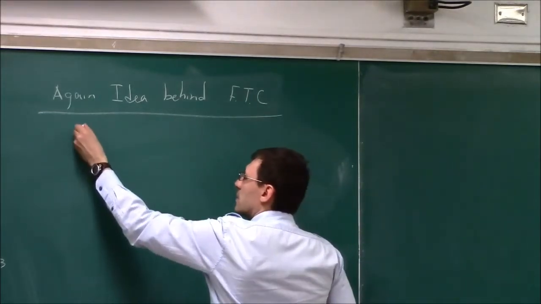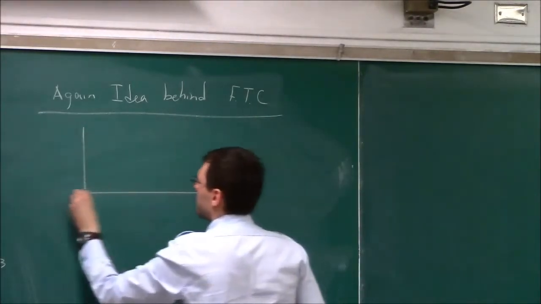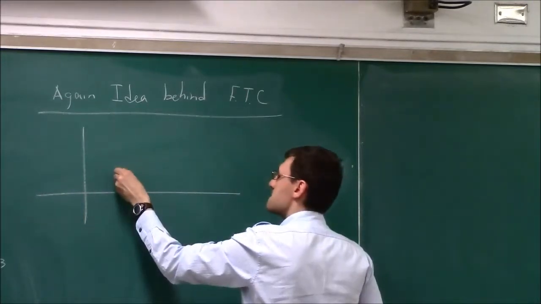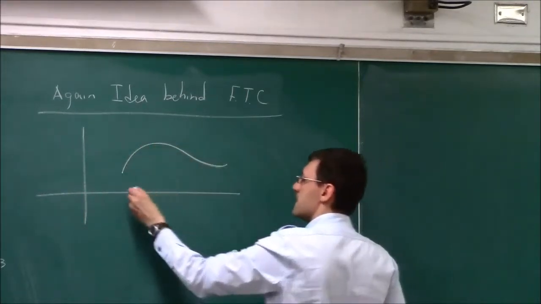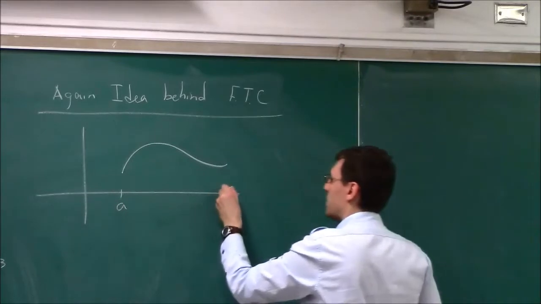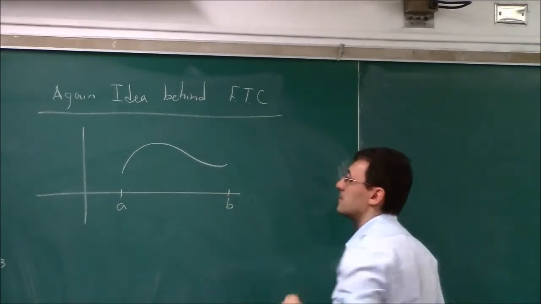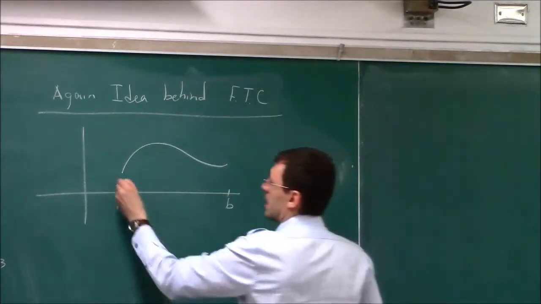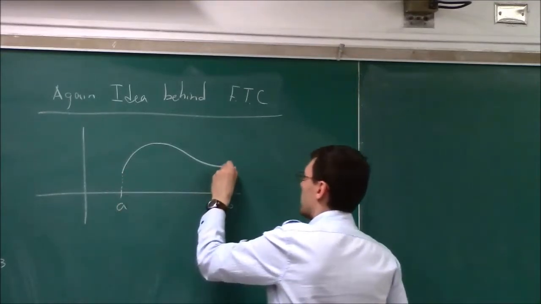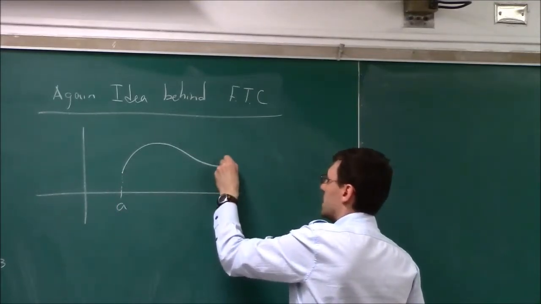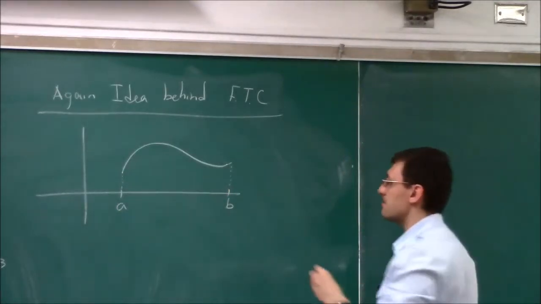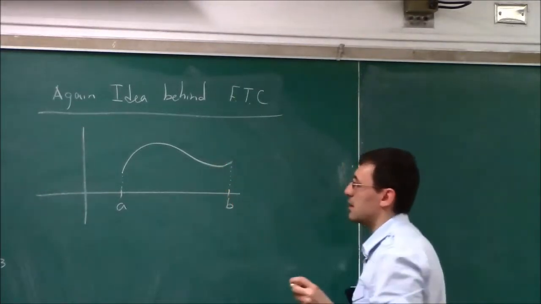So if you look at the graph of the function f from a to b, I decided to draw this graph to be just a curve above the x-axis, but that's not necessarily the case. We don't have to have this as the requirement.